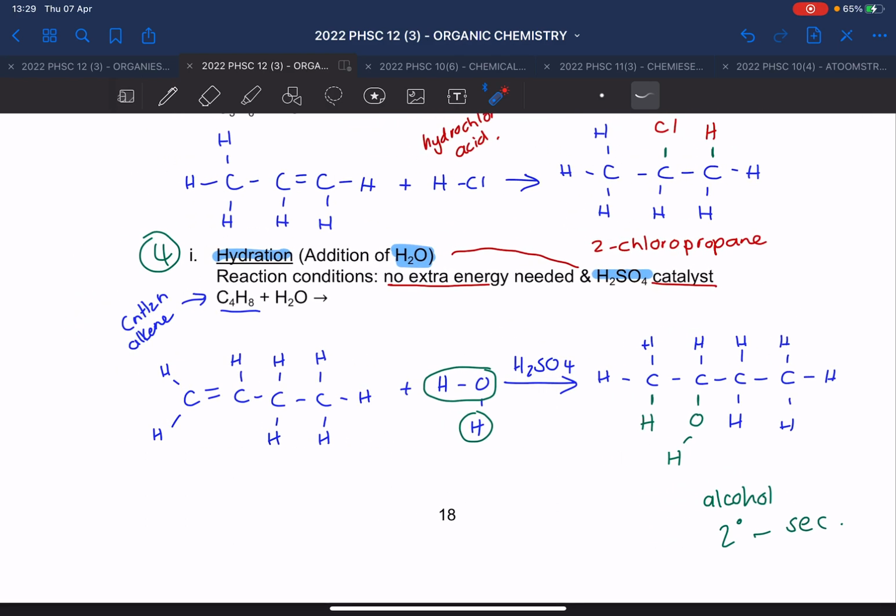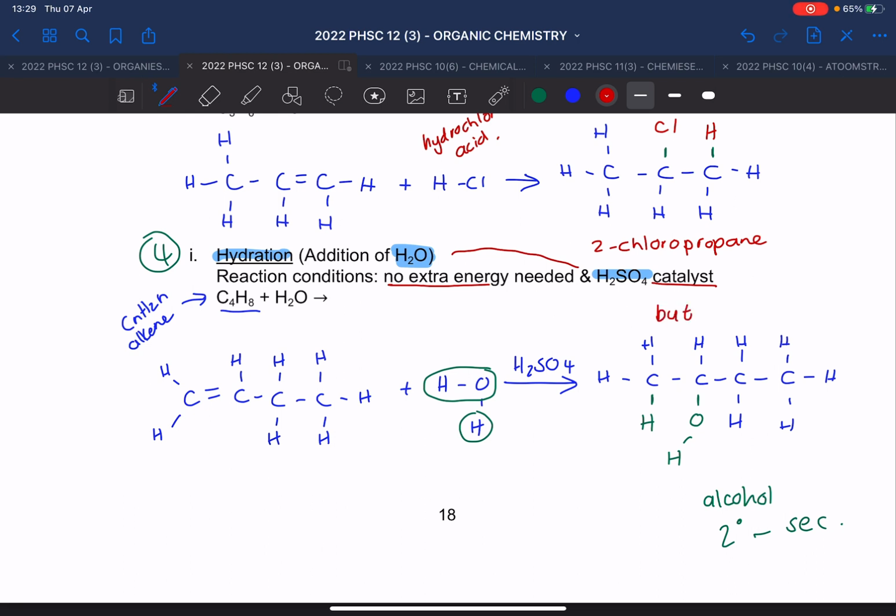All right. Then I want the name of the product. There's a butane. The E is not right.